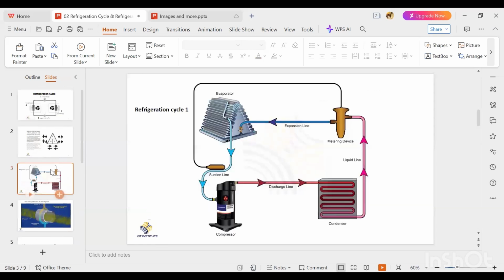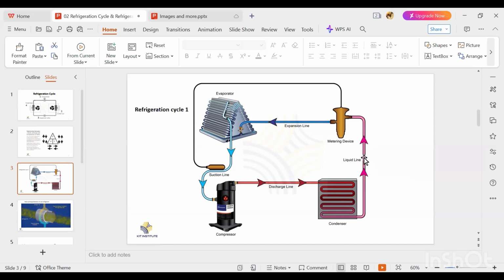Imagine this red line, the discharge line. We could measure pressure on this discharge line, but given the fact that it is very hot, it is not really advisable to measure pressure from here.